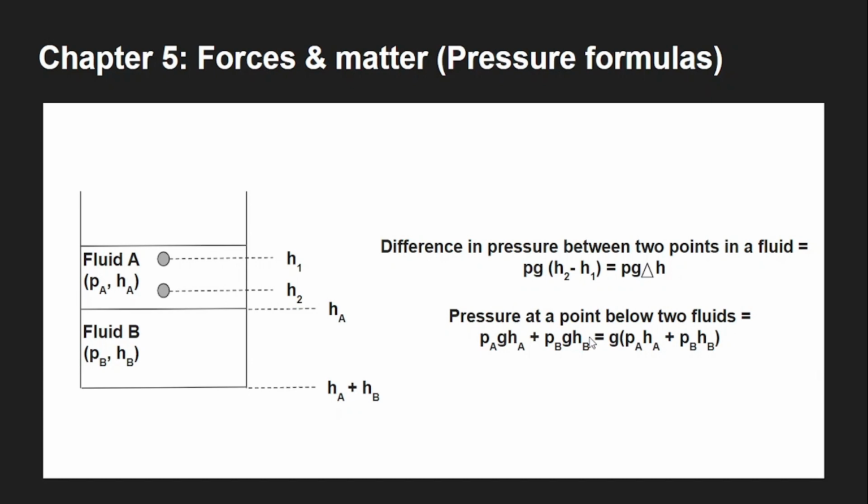So that is how you would find the pressure at a point below two fluids. Sometimes what they will do is they will provide you with the atmospheric pressure. So say instead of having one of these fluids here, the fluid that you have is the atmosphere. So say fluid A was the atmosphere, so they will just give you the atmospheric pressure, which is roughly around 1 times 10 to the power 5 pascals.